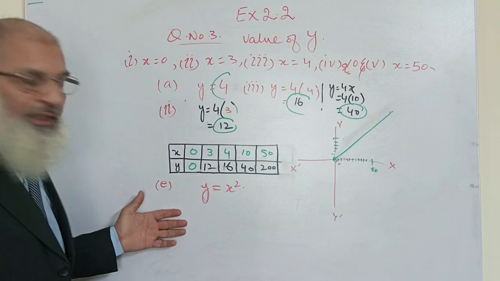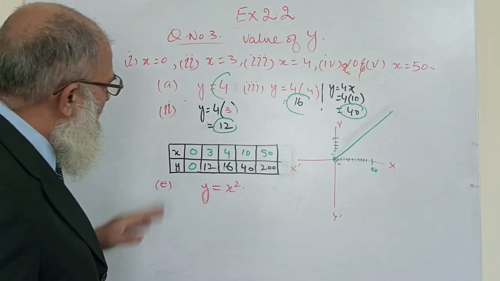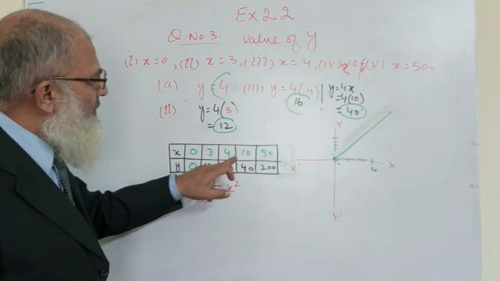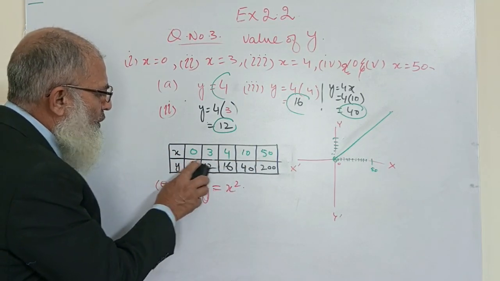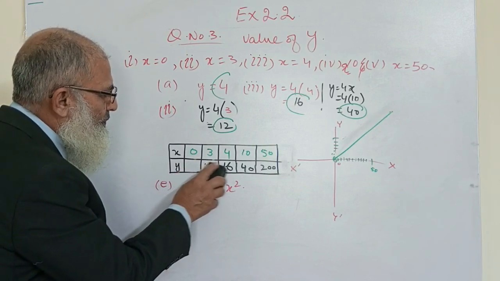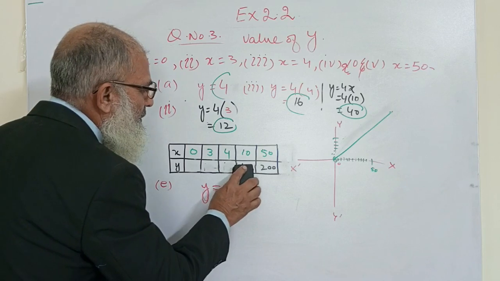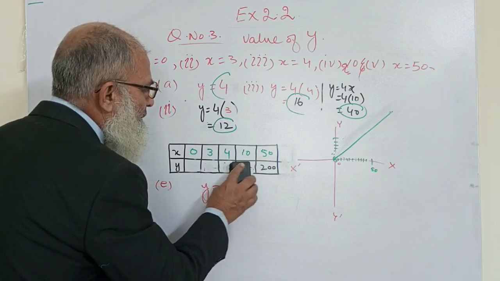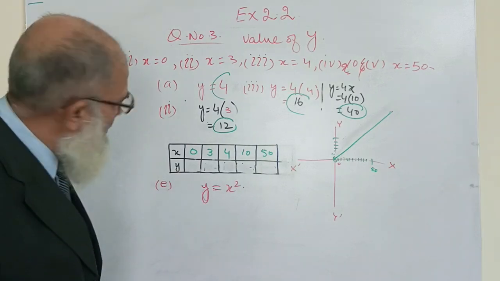Now, next part is E. Y is equal to x square. Now, the same values are given. Now, we will find the corresponding values of y for this part. See how we find them.